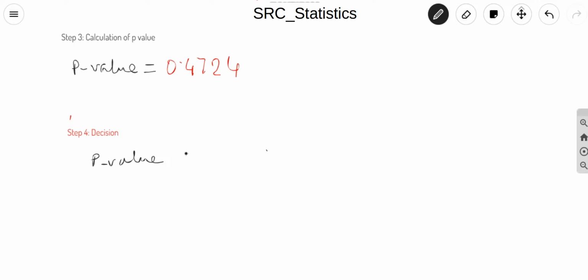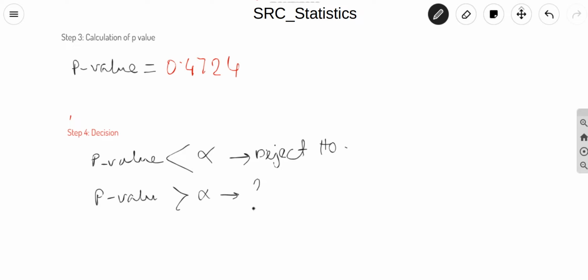If the p-value is less than alpha, the level of significance, we reject the null hypothesis. If the p-value is greater than alpha, we fail to reject the null hypothesis. So in the conventional method, we compare the test statistic value and the critical value.